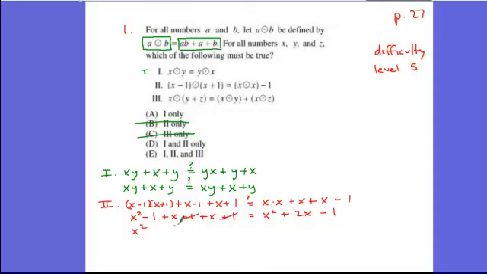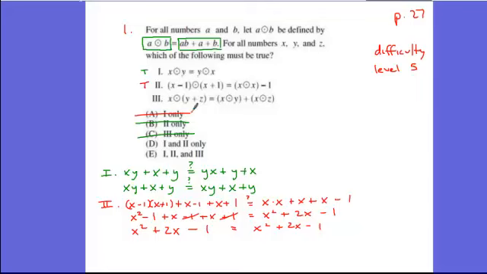I get x squared plus 2x minus 1. Is that equal to x squared plus 2x minus 1? Yeah, so I know that number 2 is also true. So based on that, which one can I eliminate? A. Okay, so now you have a 50-50 chance of guessing right if you can get this far.